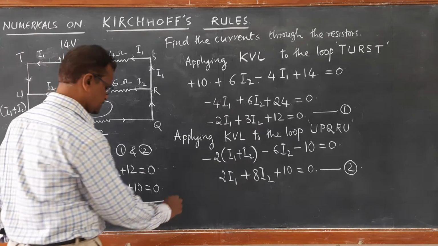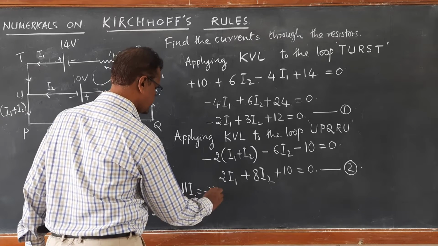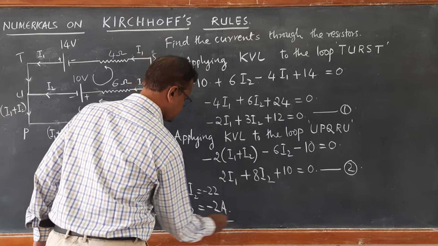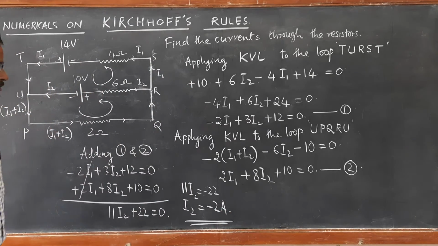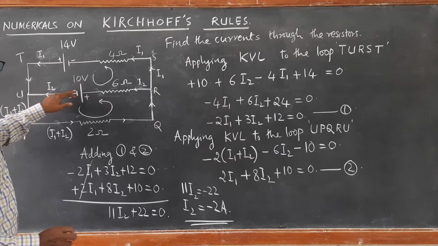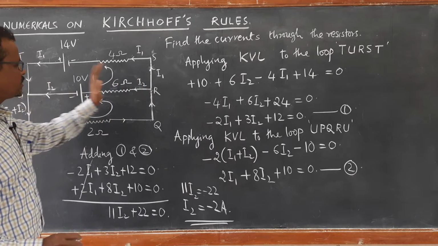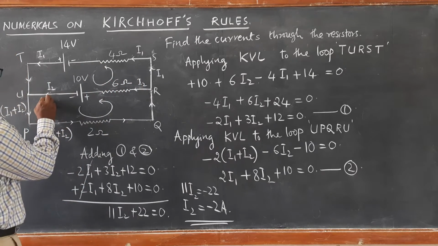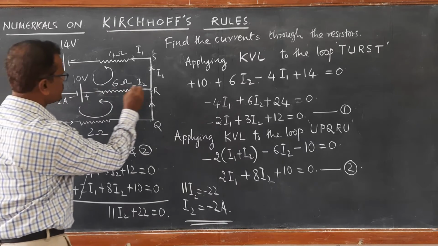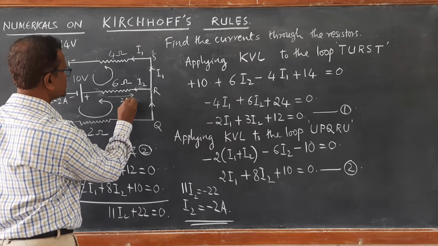So this implies 11I2 equal to minus 22, that is I2 equal to minus 2 ampere. So we get the current I2 to be equal to minus 2 ampere. It means the current is not flowing in this assumed direction, it is flowing in the backward direction, from U to R. This is the direction of the 2 ampere current, right?